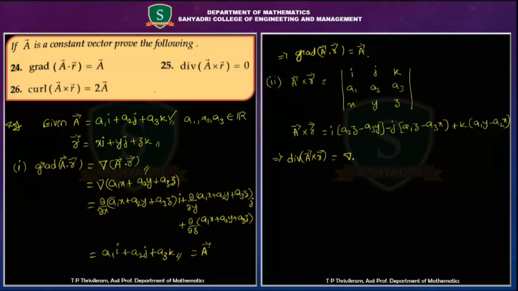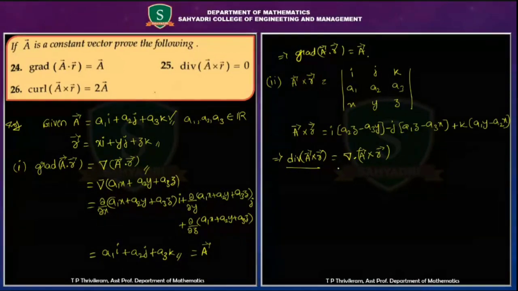Yes, sir. Del dot. So that one you have to tell me. Del dot, and in the place of f, this one is there, a cross r. Okay, that's it. Because in exams they will ask directly in word form, not in symbol form. So you have to know how to write that in symbolical form.